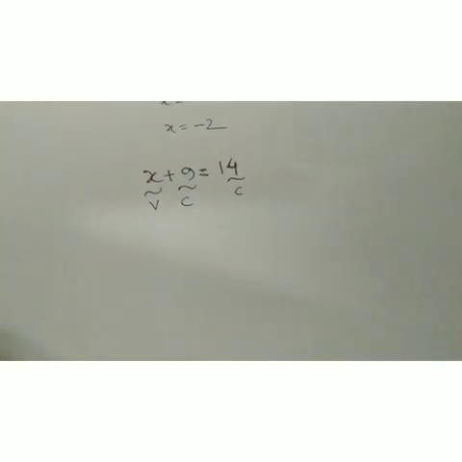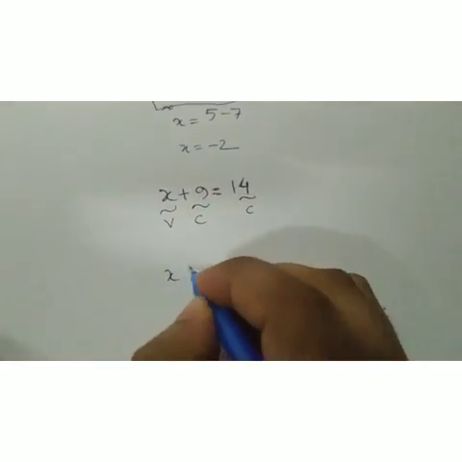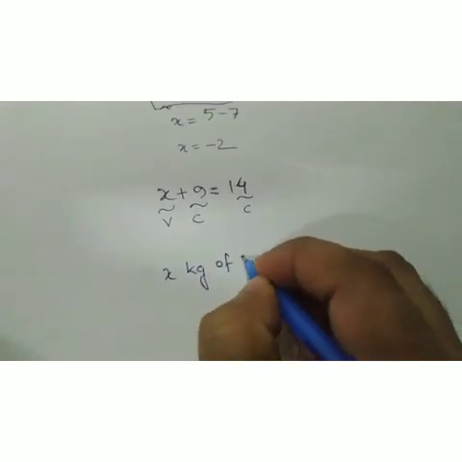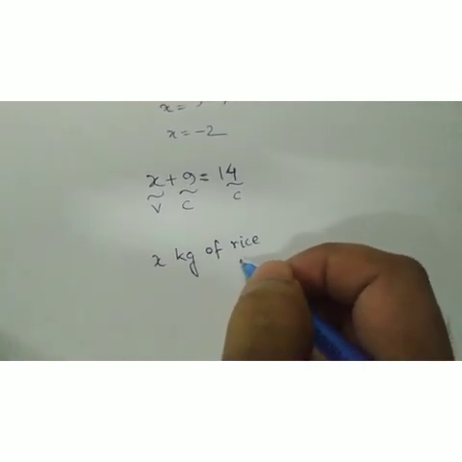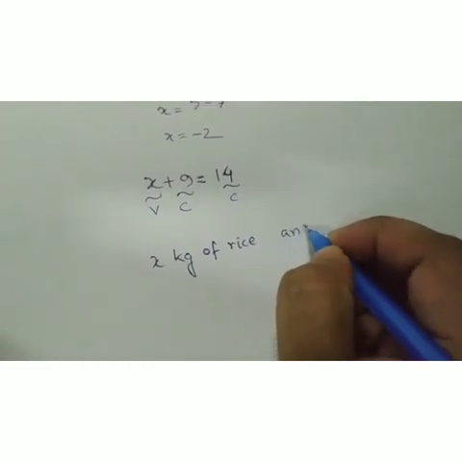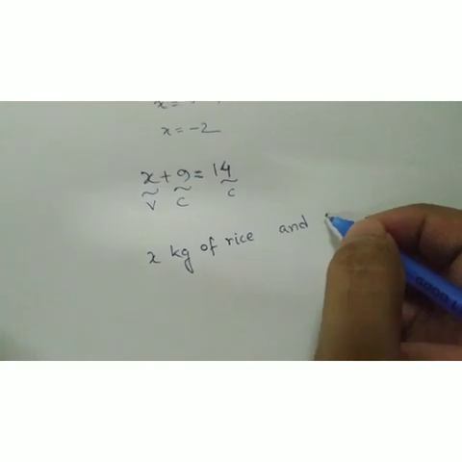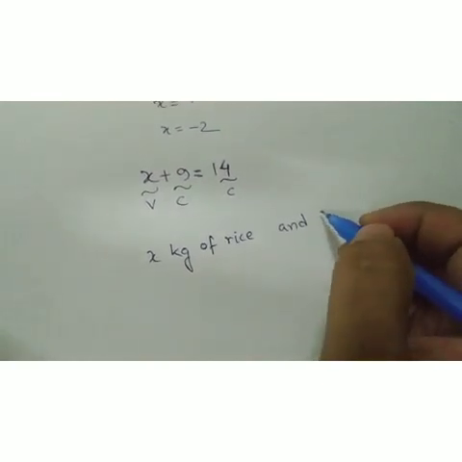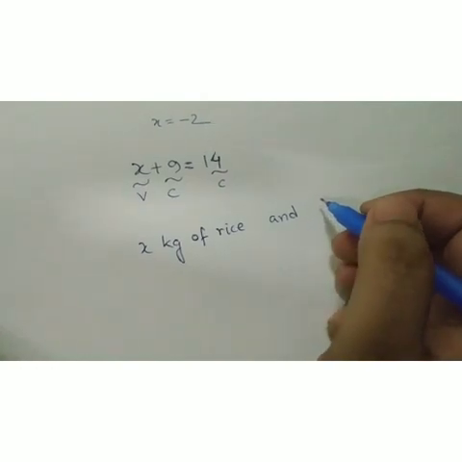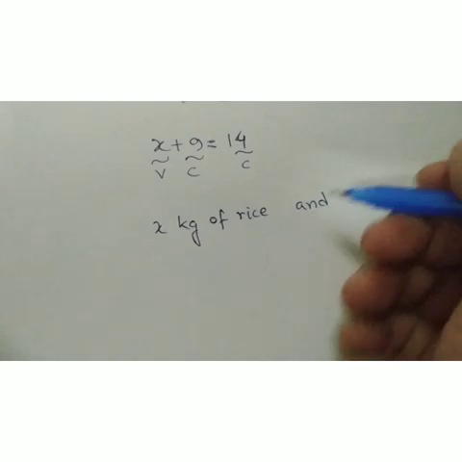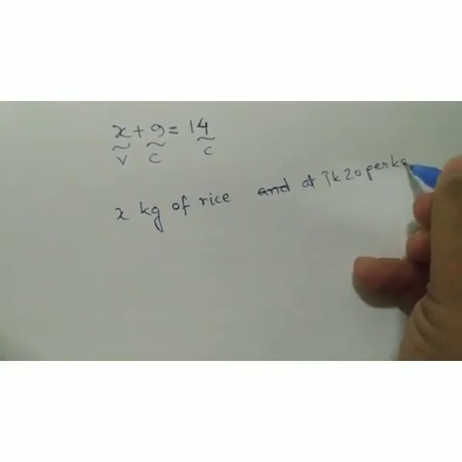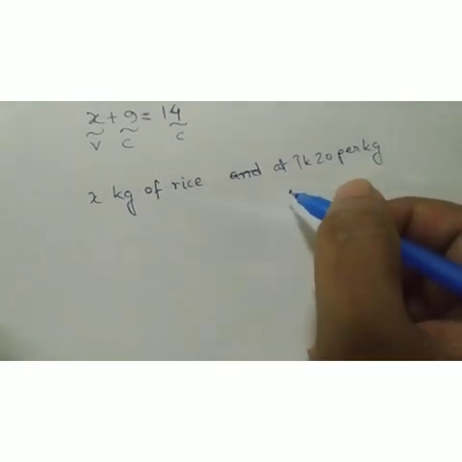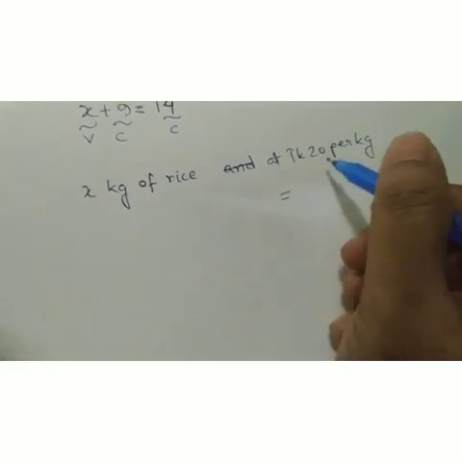Let's say a person bought x kg of rice at taka 20 per kg, and the total amount it cost was, let's say, 120 taka.